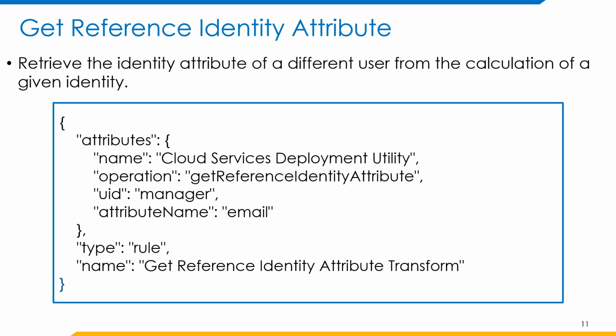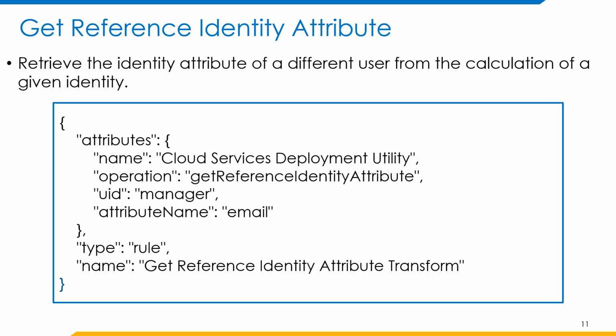Get reference identity attribute. With the help of this transform, we may retrieve another user's identity attribute. We will try to understand this example. This transform gets the user's manager's email address. This transform needs the cloud service deployed util rule created by SailPoint as the name of the referenced rule.